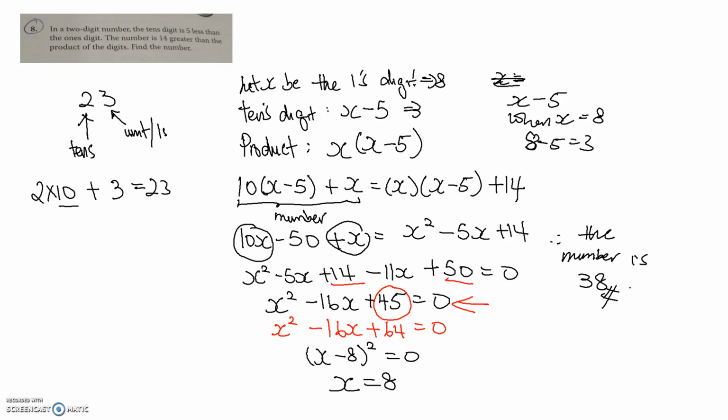What I find useful, especially to revise, is what we said over here: how do you relate this to algebra? How do the tens place and the ones place relate to algebra? I think it's necessary for you to know this step before you carry on, because if you didn't know this step, it'll be quite hard to arrive at this relationship and equation over here. So do take the time to understand.